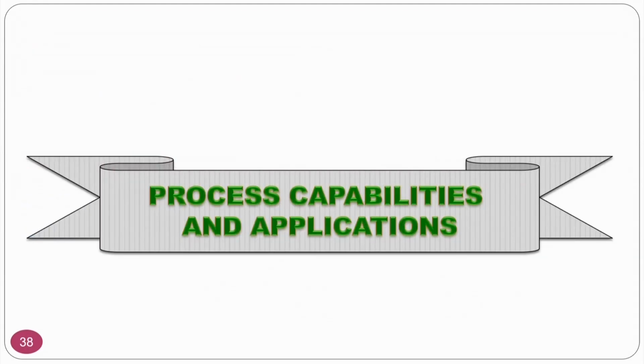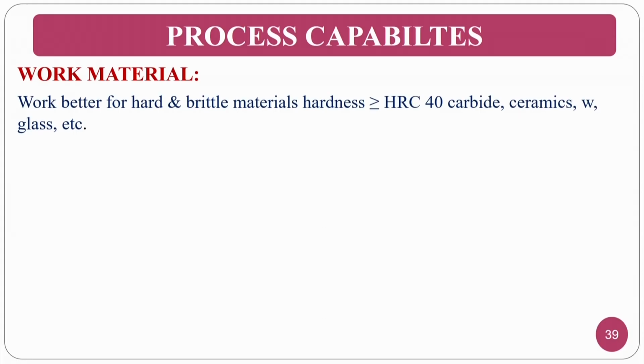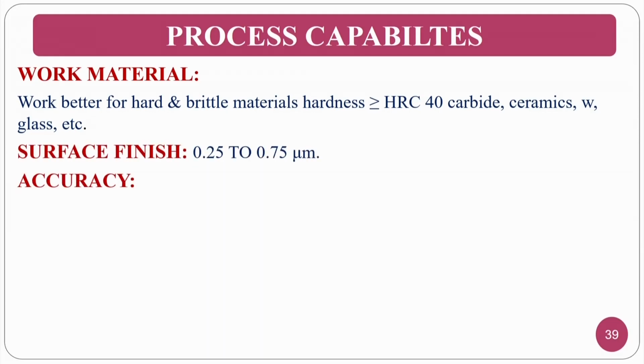Process capabilities and applications of this particular ultrasonic machining process. Process capabilities: the workpiece material is best for hard and brittle materials, that means nothing but HRC 40, normally carbide and ceramics will be used for machining. The surface finish that you can achieve is 0.25 to 0.75 microns, and accuracy consistently in drilled holes you can achieve.